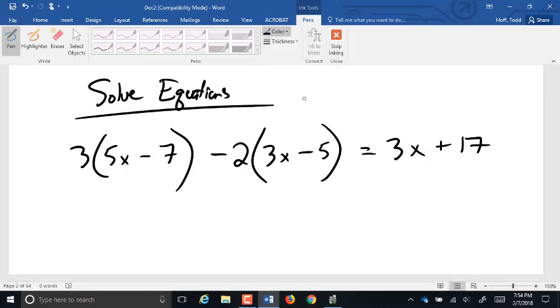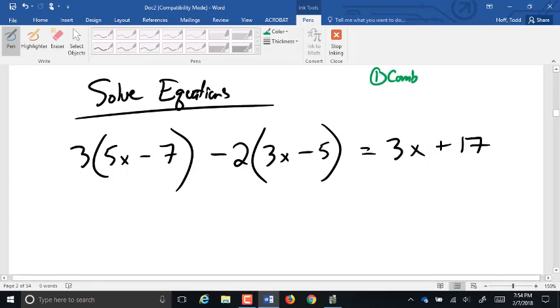Such fun problems as that one. Now remember, there are 3 steps we go through. First one is we combine on each side.